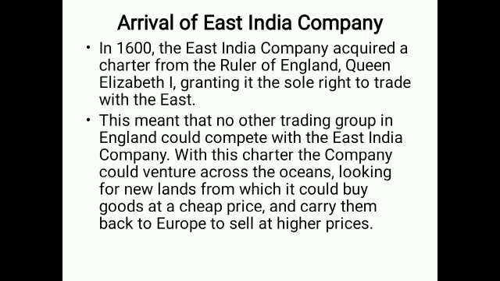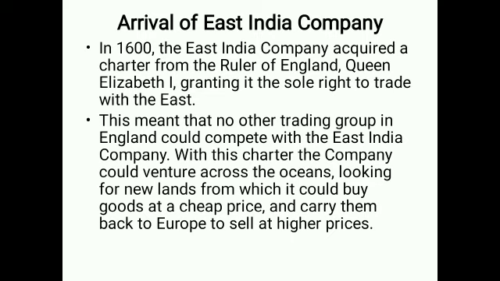Arrival of East India Company. In 1600, the East India Company acquired a charter. Charter means an order from the ruler of England, Queen Elizabeth I, granting it the sole right to trade with the East. Now, the Queen of England granted the orders to the East India Company to trade in the eastern part of the world.